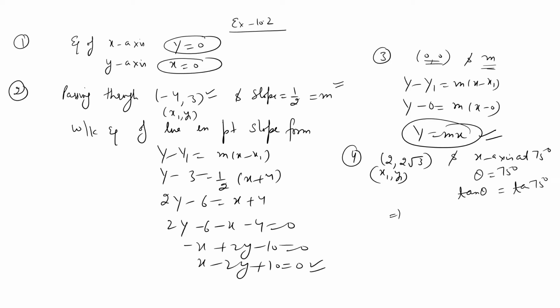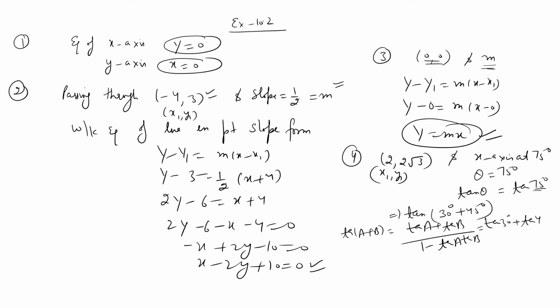But here the portion of trigonometry will be used. How will you get it? Because the value of tan 75 degrees is not known, I will change it to the sum of known values, 30 degrees plus 45 degrees. Just remember the formula that tan of A plus B is tan A plus tan B upon 1 minus tan A tan B. I was telling you that trigonometry would have been there in term 1.